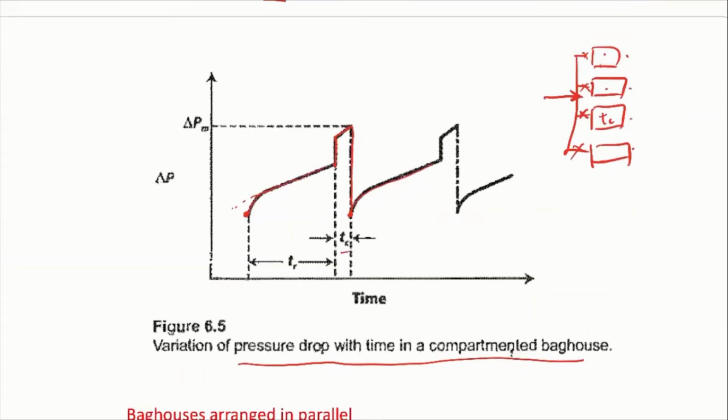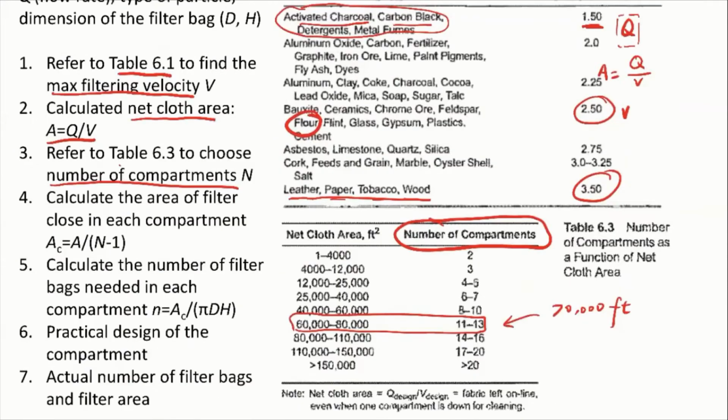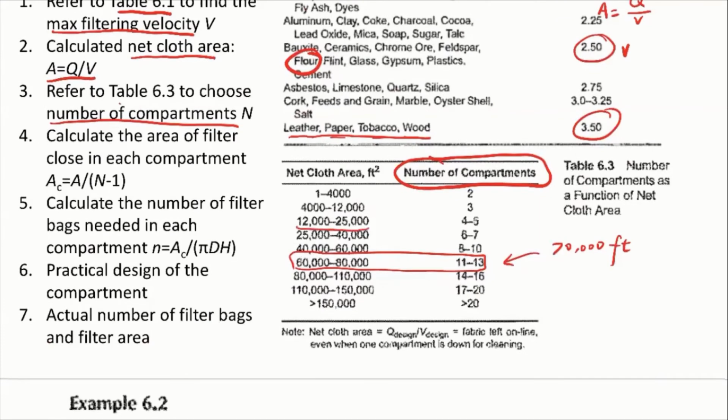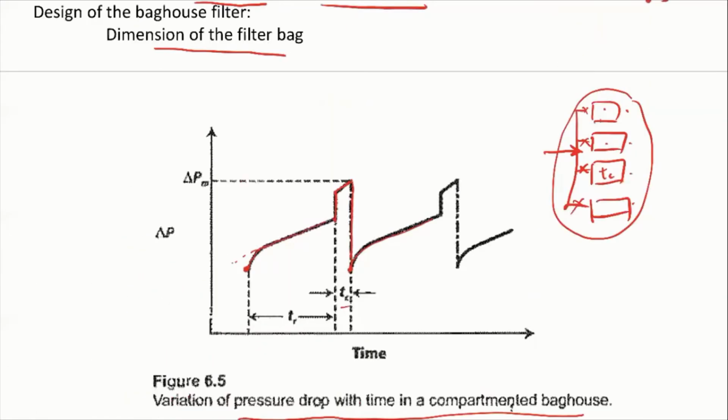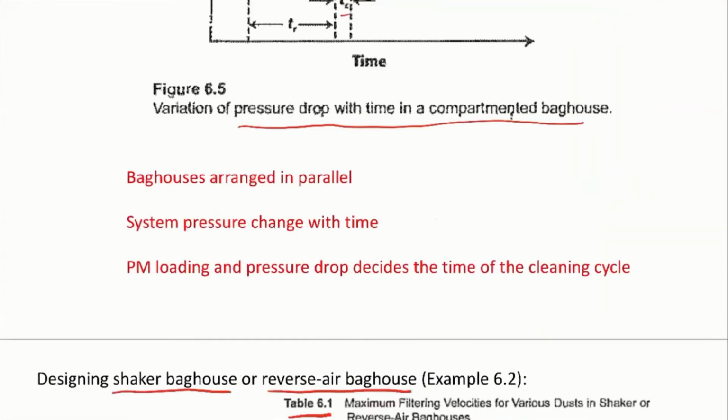So for example, here, the total number of compartments is 4. What that means is that the total net cloth area is somewhere in this range, okay? Once we know the total number of compartments, we can start to look into how many filters we need in each compartment here, right? How many baghouse filters or filter bags we need in each compartment.